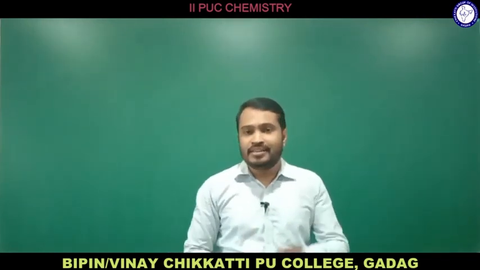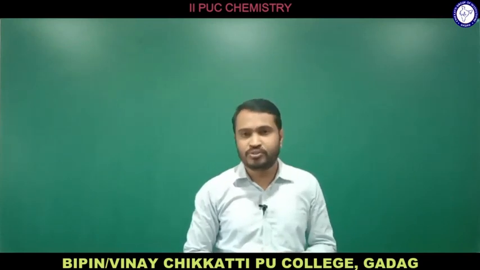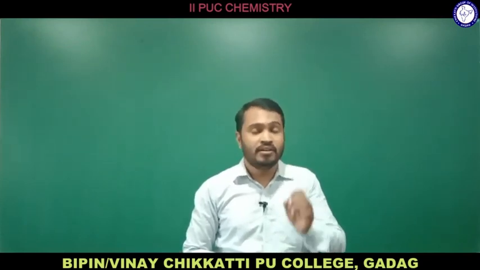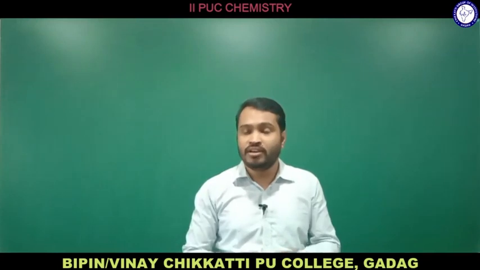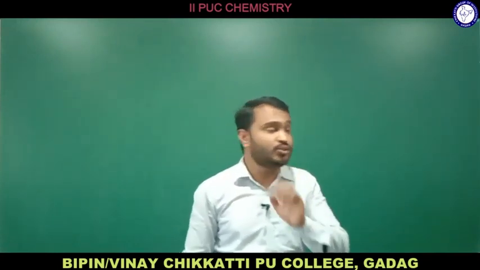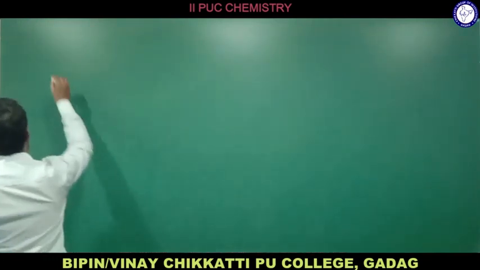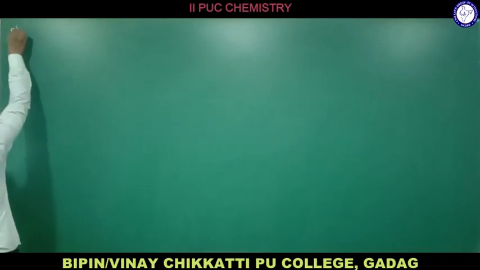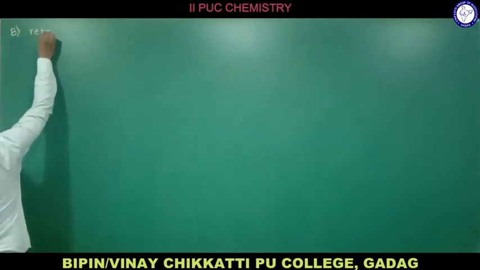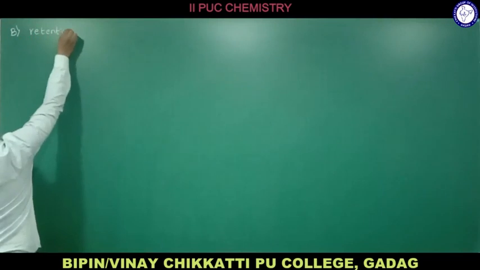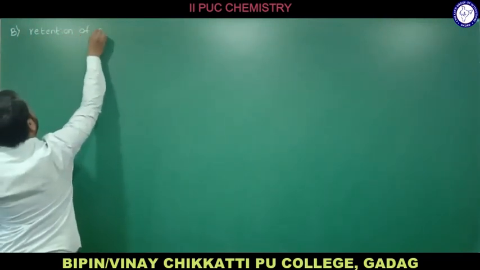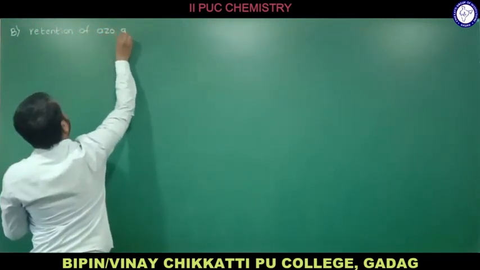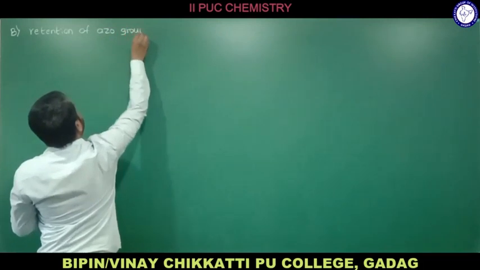Now we'll see the second class of chemical reactions of diazonium salt. That is nothing but chemical reactions involving retention of the azo group. So B, I consider it as, and here there will be retention of the azo group.